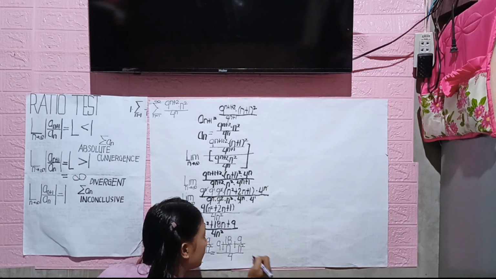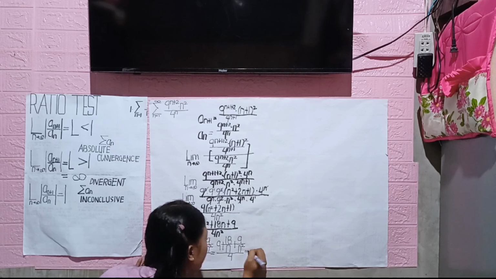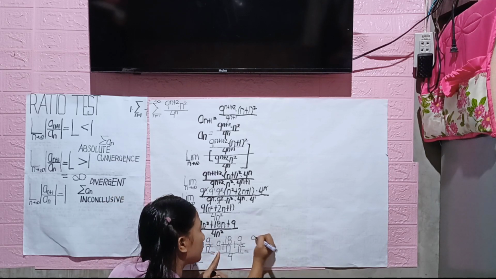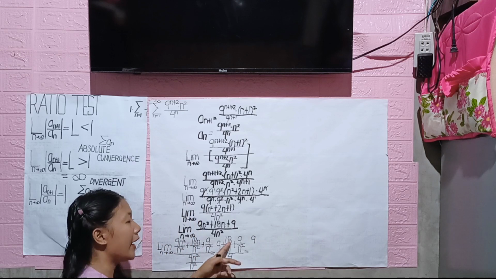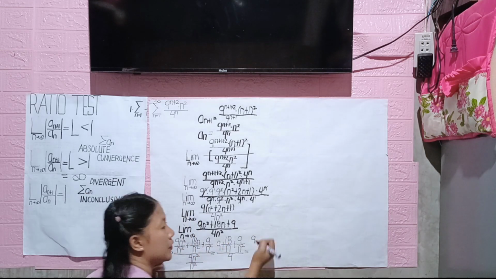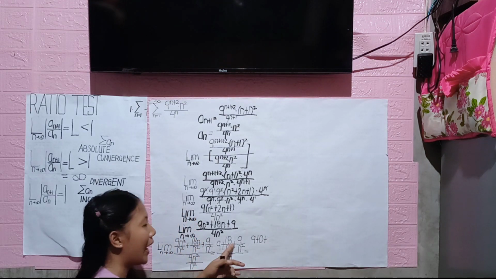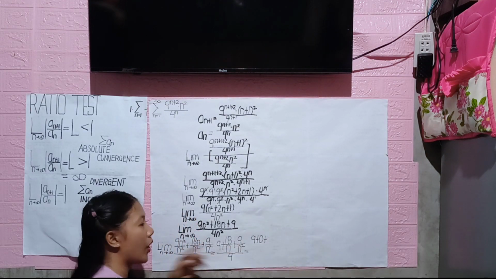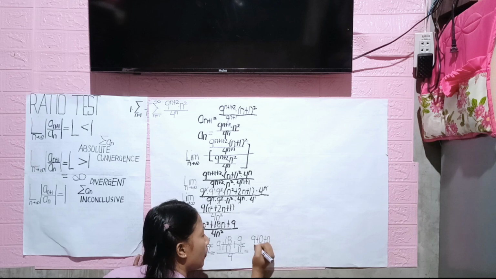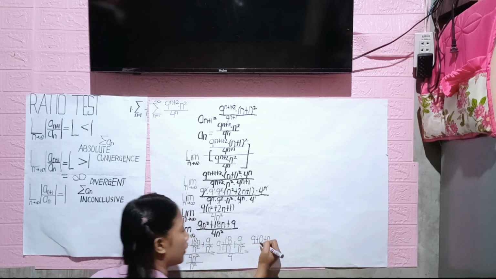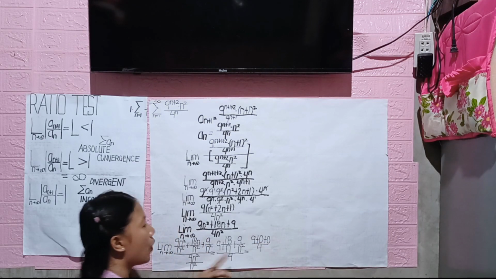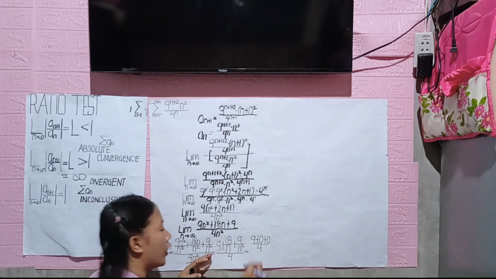So let's solve. So 9, so 18 divided by n will become 0 plus 9 divided by n squared will become 0 also and 4. So, it will become 9 over 4.